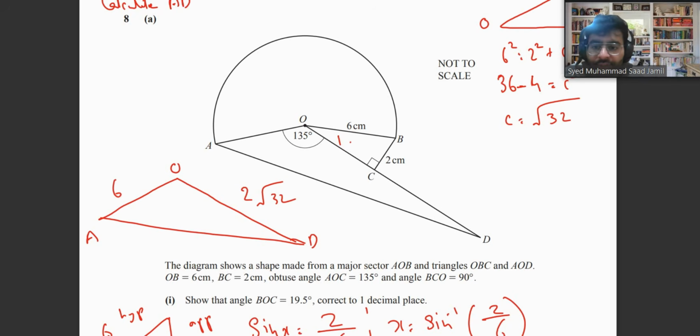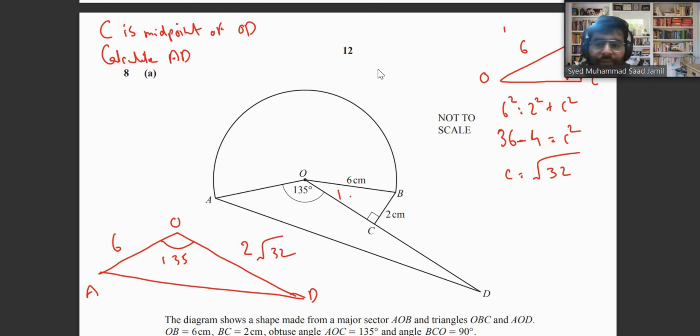AO will become 6. And we already have the angle 135. Now you guys can use cosine law to find AD. Cosine law is c square equals a square plus b square minus 2ab cos C.